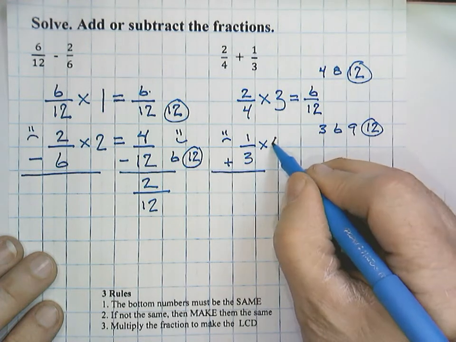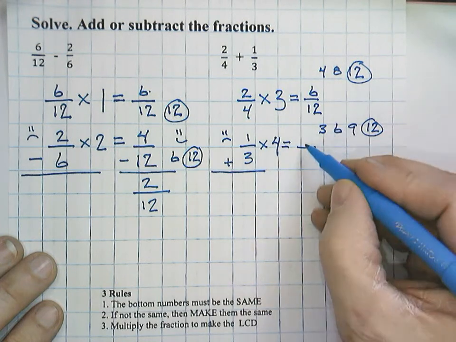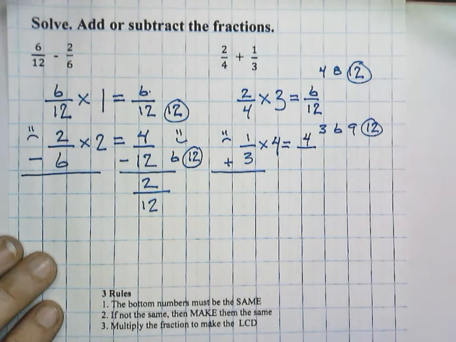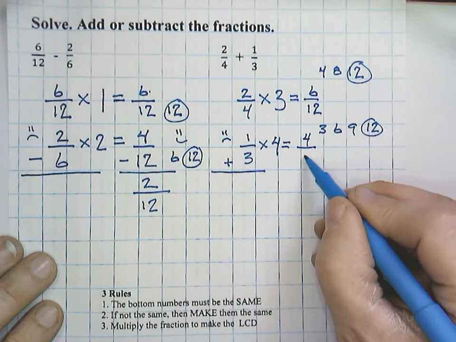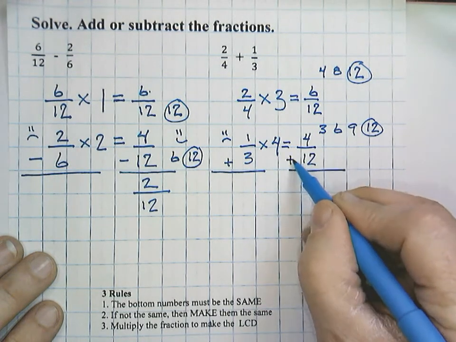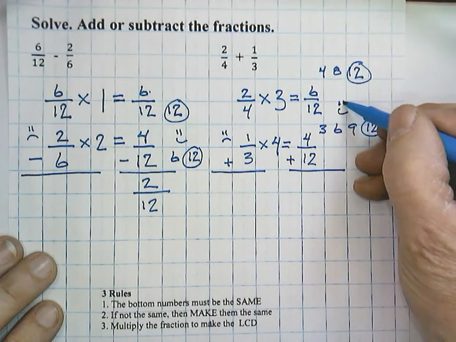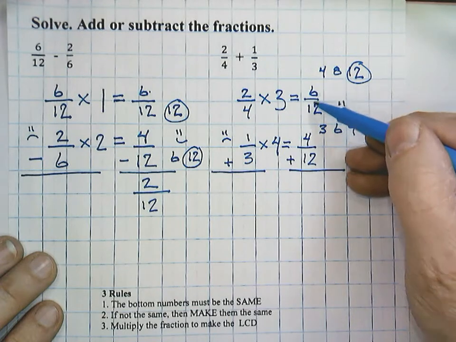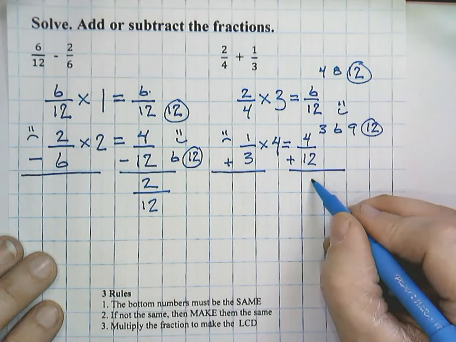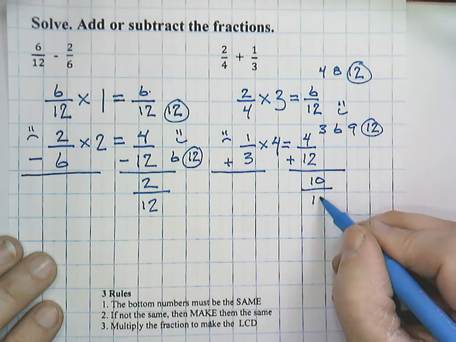So we're going to multiply by 4. 1 times 4 is 4. And 3 times 4 would be 12. And now we can see that our bottom number, our denominator, is the same, which means that we're allowed to add. 6 plus 4 on the top would be 10. And then we know that we have twelfths here.